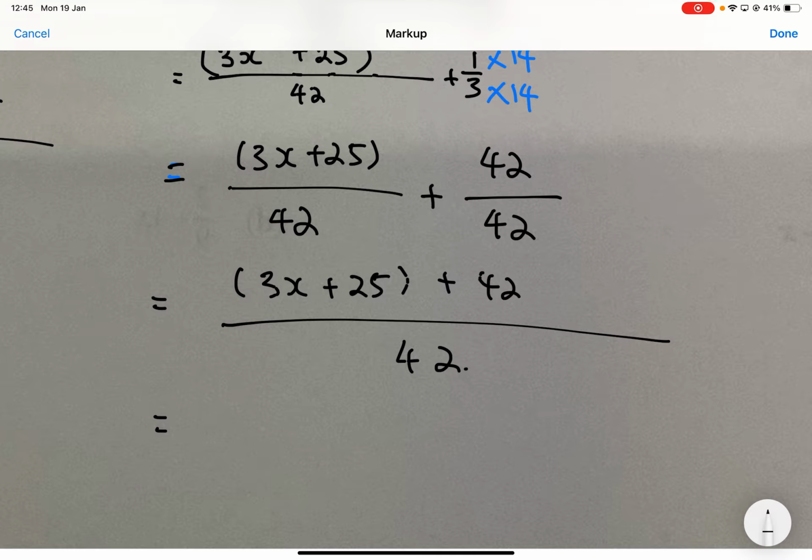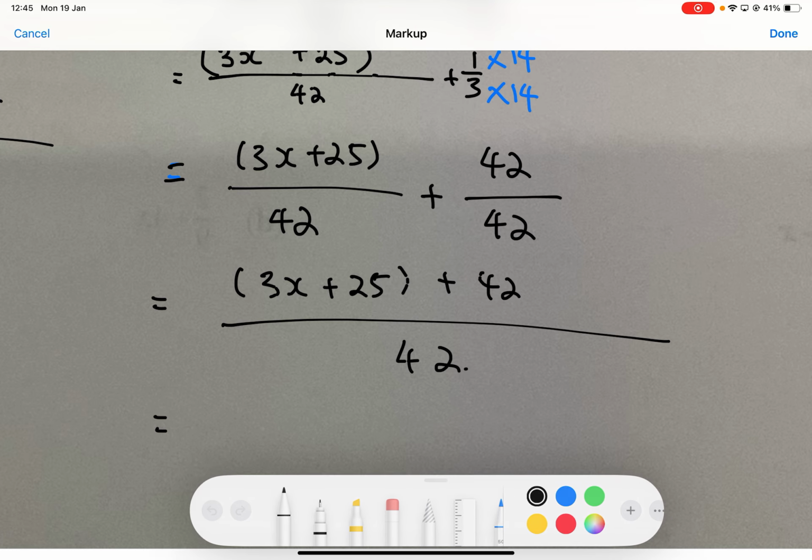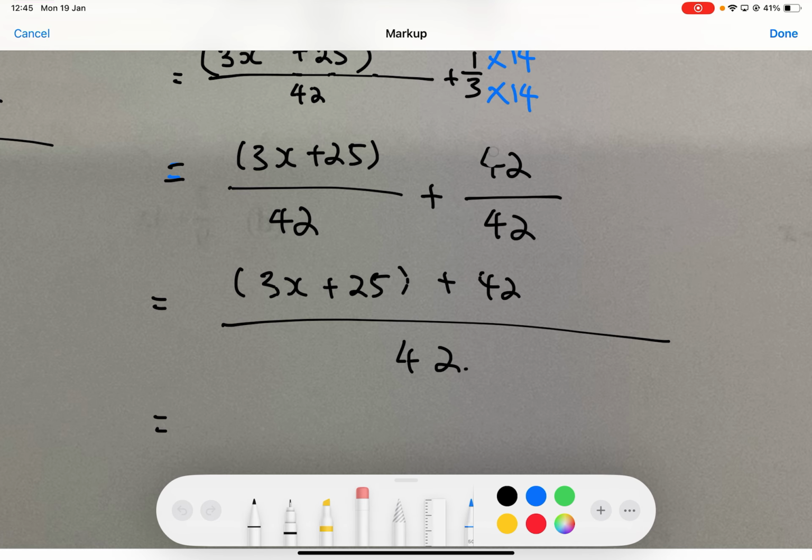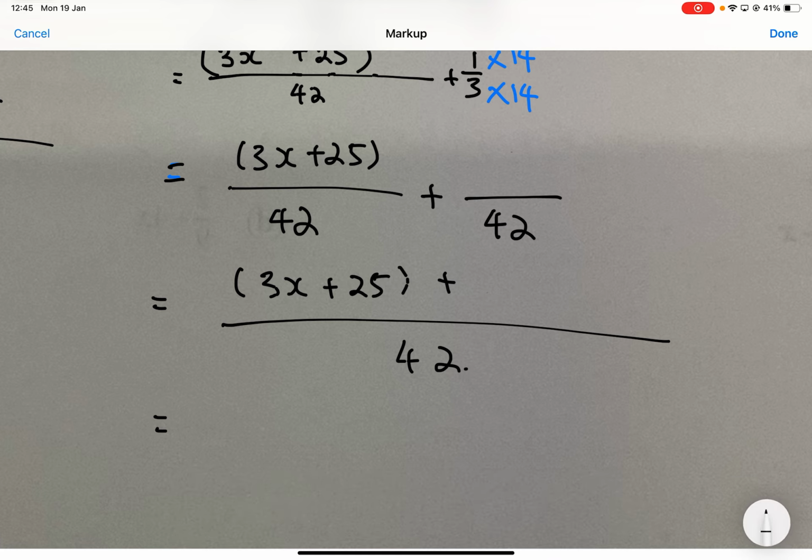Sorry, it should be 14, not 42. My bad. Okay, the bracket just means that you need to add 25 to 3x.